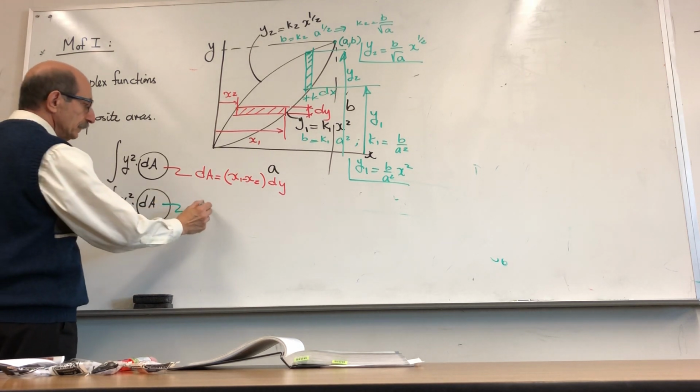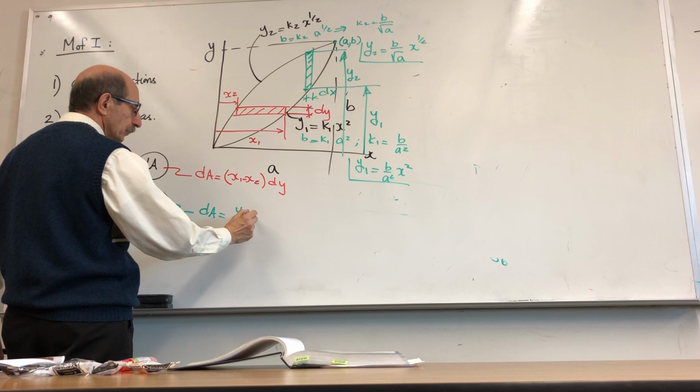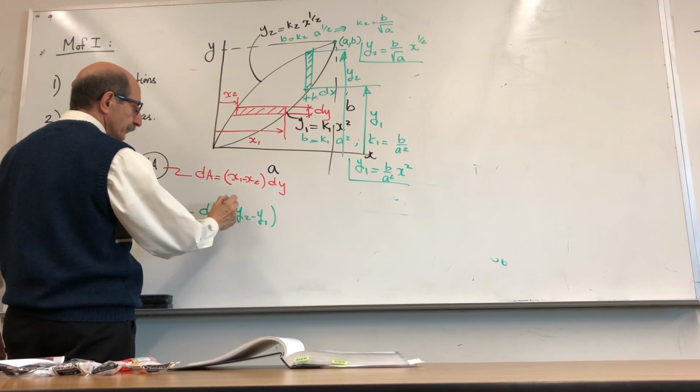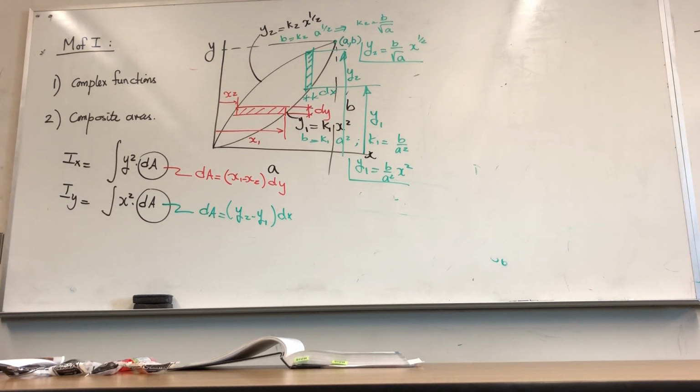So dA in this case would be y2 minus y1 times dx. Okay. So that's step one for finding the moment of inertia of general shapes.